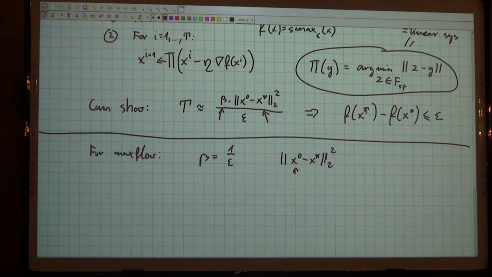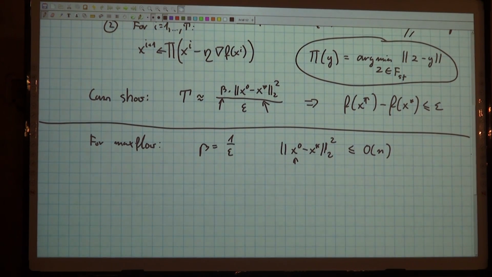So we can start from here. So then this is essentially O of n. No matter what this optimum solution is, this L2 norm squared is never more than O of n from the initial solution. So far so good. So what is the running time?